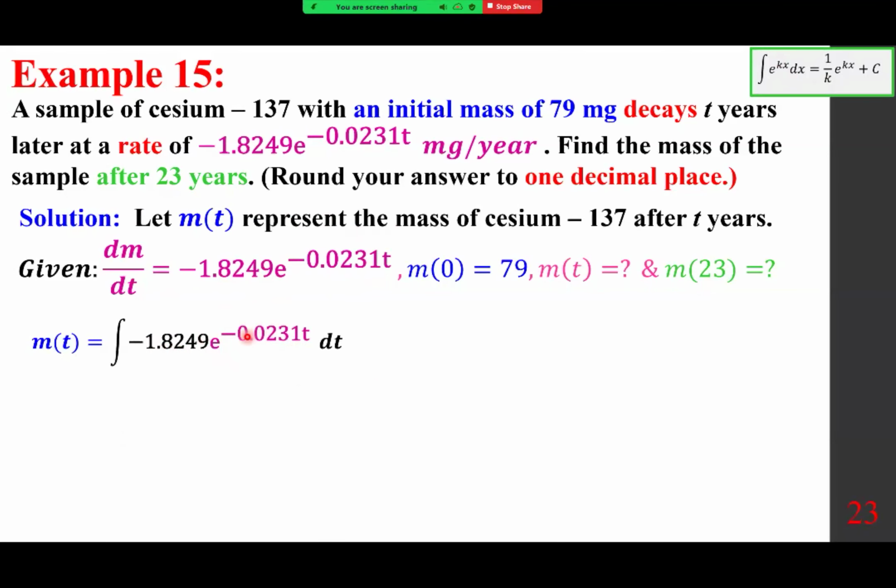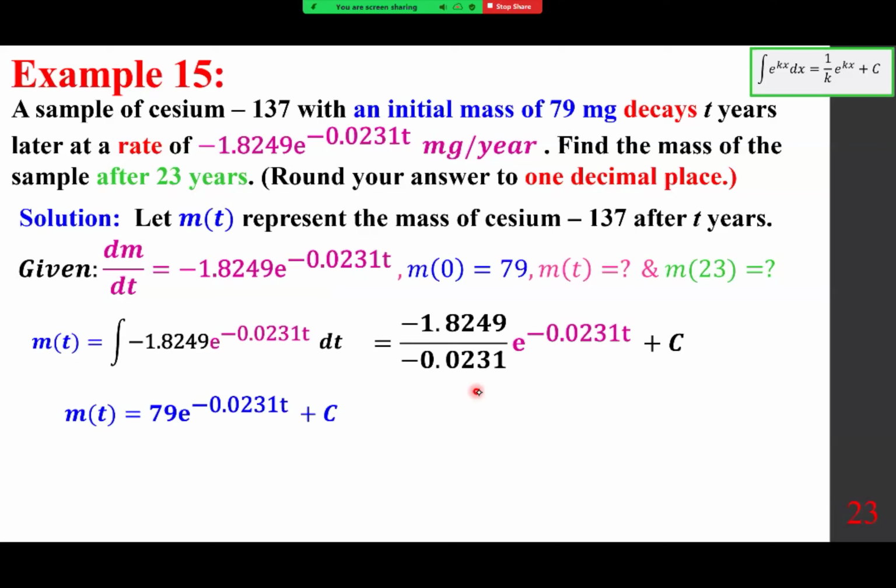Divide this number by negative 0.0231 and a constant. This ends up being 79. So we write it. And we know m of 0 is 79. So if we replace this with 0, e to the power of 0 is 1, we get 79 equals m of 0. 79 e to the power of 0 plus c.